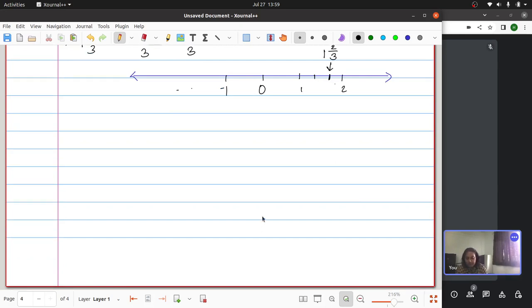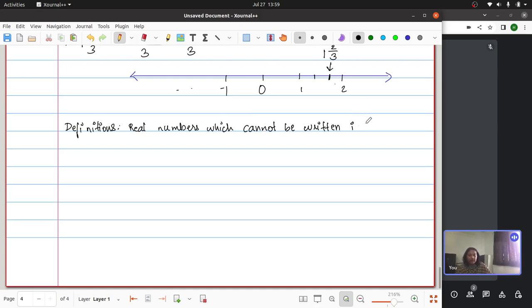Okay. So, since we are talking about rational numbers, let us also look at what are irrational numbers. So, one way of defining irrational numbers is numbers on the real line, which we call real numbers, which cannot be written in this form.